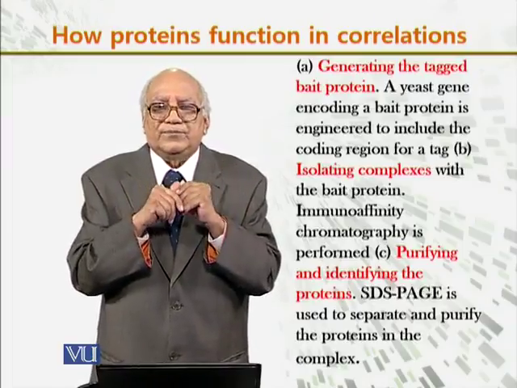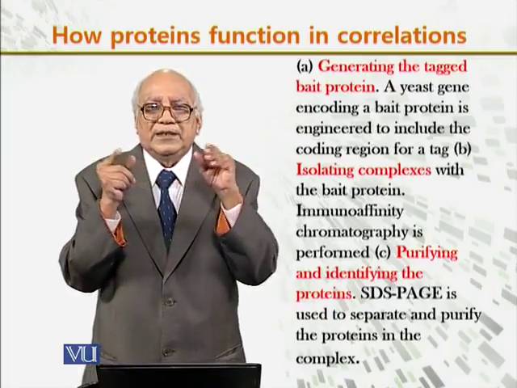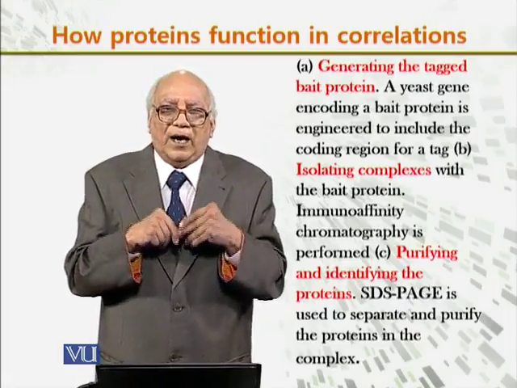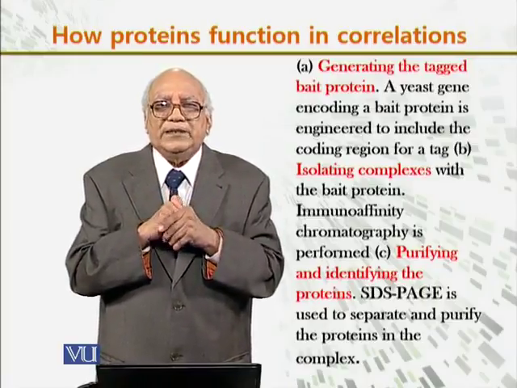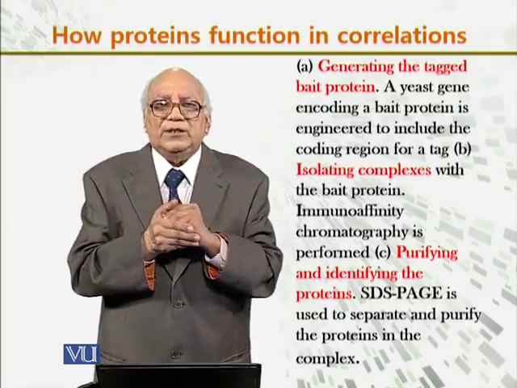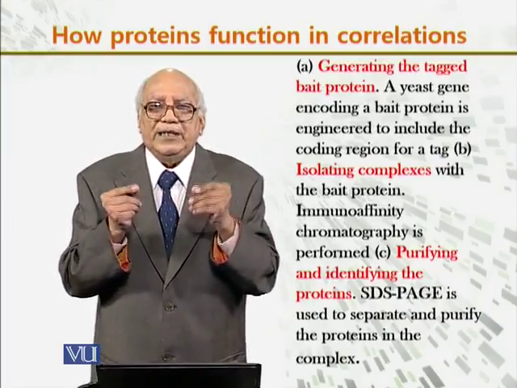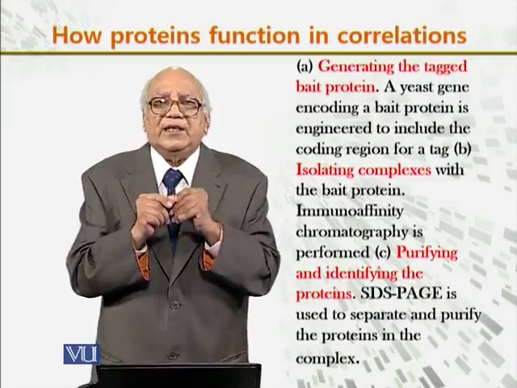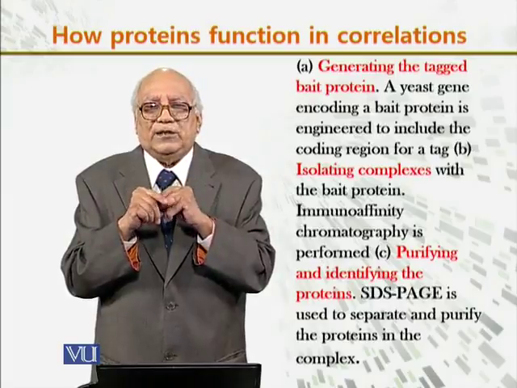Then we isolate the complexes with the bait protein. By which method are the bait proteins isolated? By the immunoaffinity chromatography method. The yeast gene encoding the bait protein is engineered to include the coding region, then the bait protein is isolated, and the isolated complexes are analyzed by immunoaffinity chromatography.